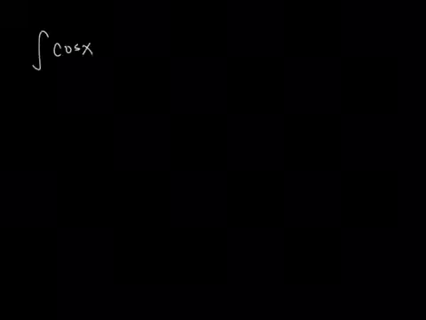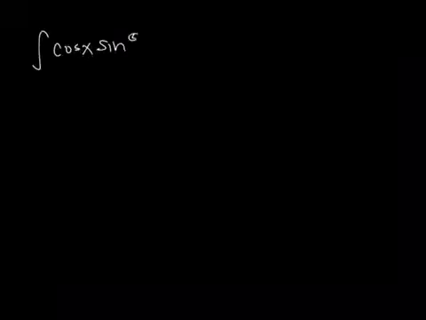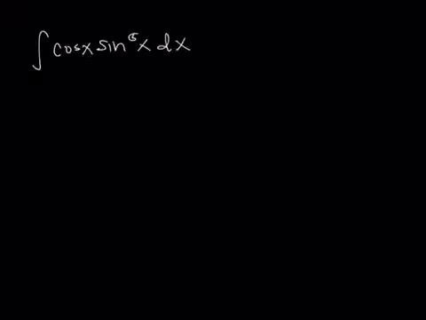The first problem that we're going to do is the integral of cosine of x sine to the 5th dx. Now, this one is actually solvable using a standard u substitution without having to do anything.